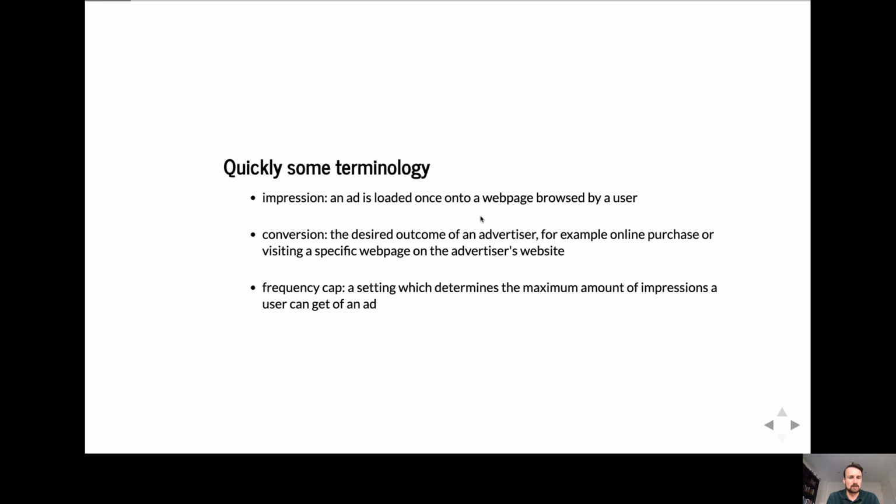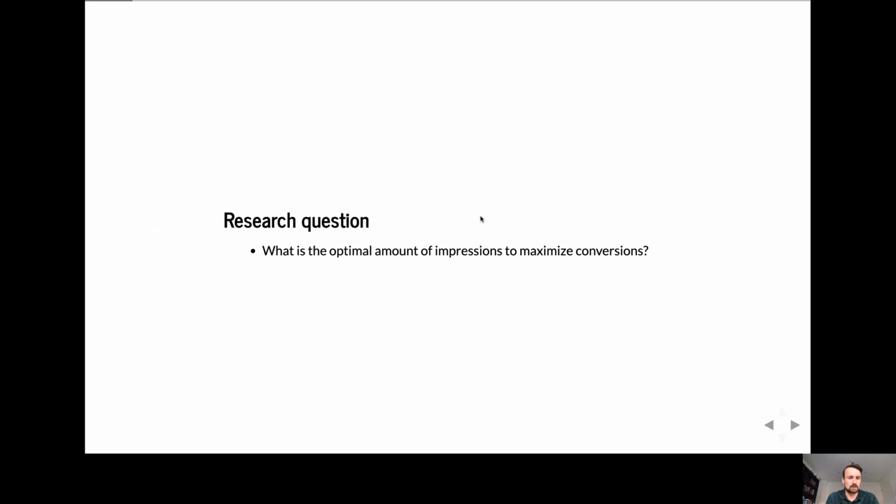So now we have done the terminology, let's discuss the research question we want to answer. Advertisers can ask us, what is the optimal amount of impressions to maximize conversions? This might sound like a very clear research question, but as we will see later on, it's not specific enough.